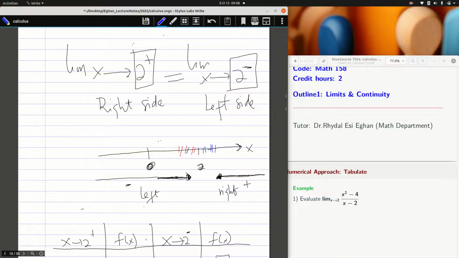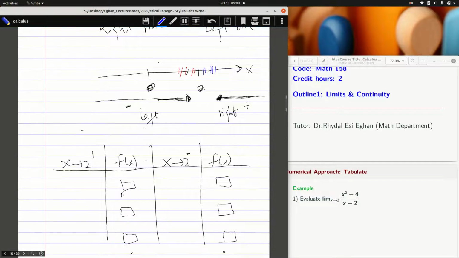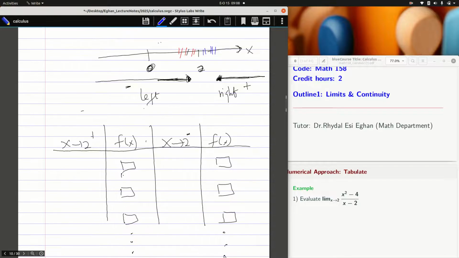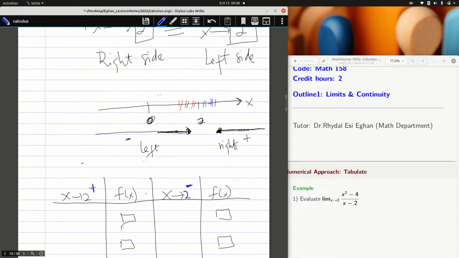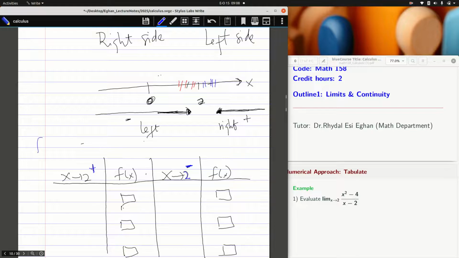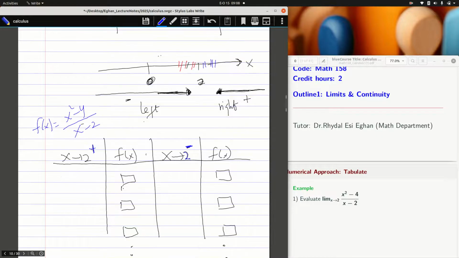So let's see how we do our table. I have to first write x approaches 2 from the positive side, x approaches 2 from the negative side, and then the function f of x, which was given as x squared minus 4 all over x minus 2. So from the positive side of it, I can start from 1.9.